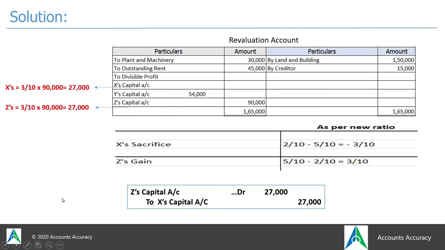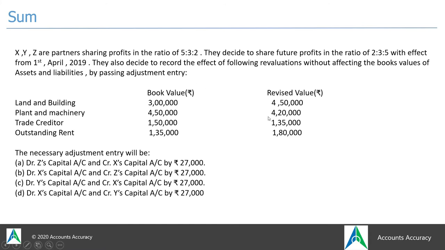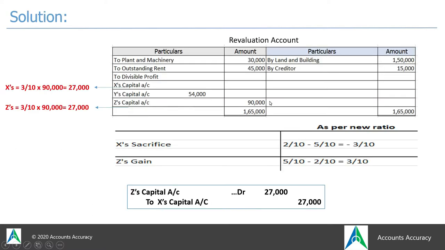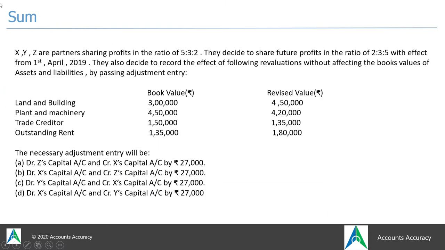So for that, what you need to do, you will have to make a rough revaluation account. Here you can see land and building value has increased. So as it's been increased, it will appear at the credit side of the revaluation account. So we will write land and building 1,50,000. Again, plant and machinery value has decreased.